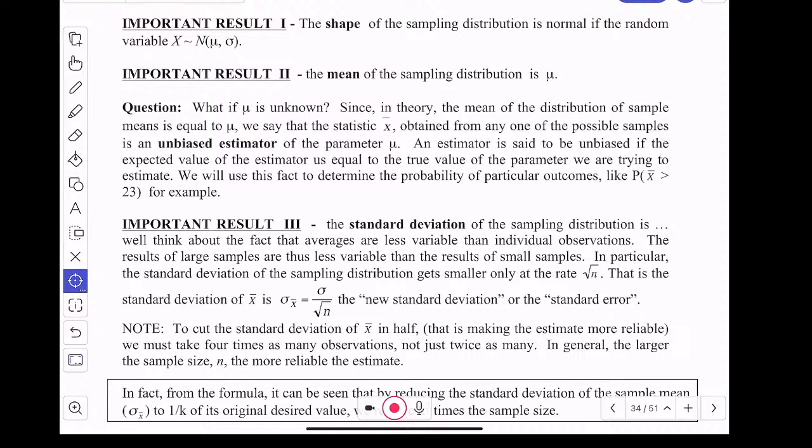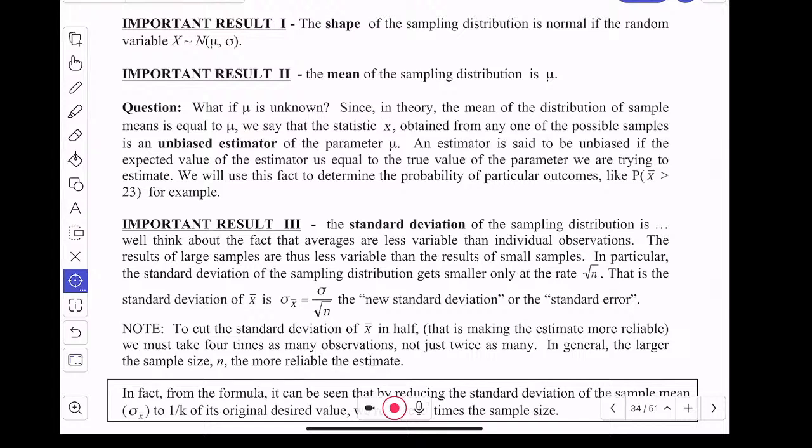This captures the idea that our estimate x bar is an unbiased estimator of the parameter mu, because on average x bar comes from a distribution that has the true mean as its expected value. That's known as an unbiased estimator.